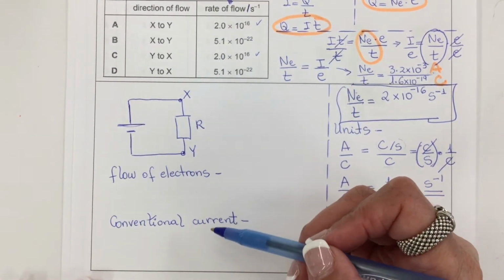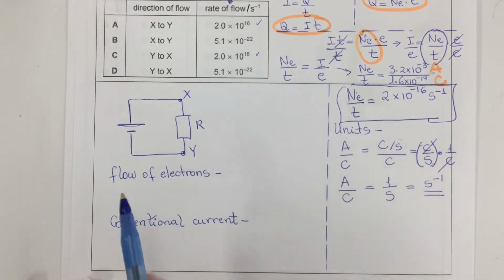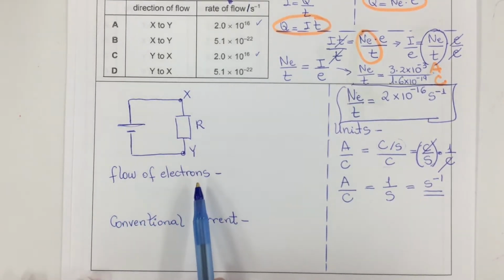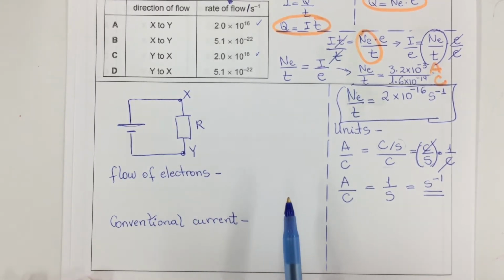They are two distinct terms when it comes to the direction of a current and the direction of electrons. One is how the flow of electrons moves in terms of the positive and negative terminal of a battery. Another one is the conventional current direction.